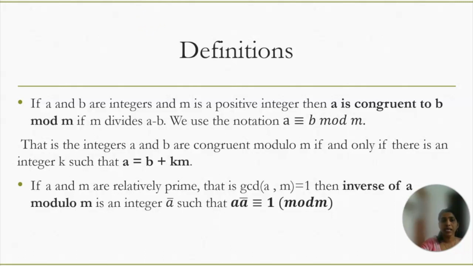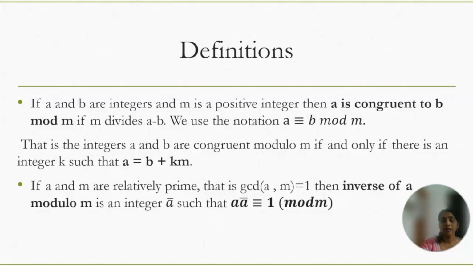First one: if A and B are integers and M is a positive integer, then A is congruent to B mod M means M divides A minus B, or in other words, A minus B is a multiple of M. We use the notation A ≡ B mod M. That is, A can be written as B plus KM, where K is an integer.